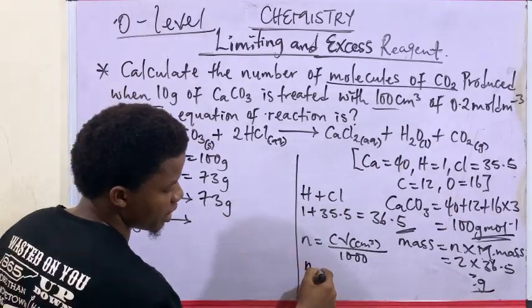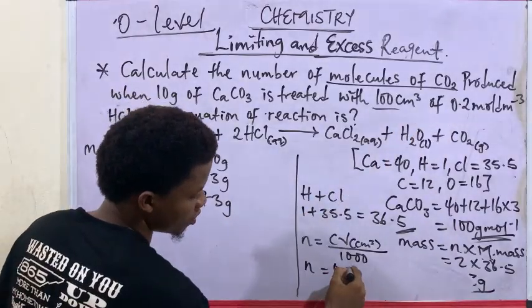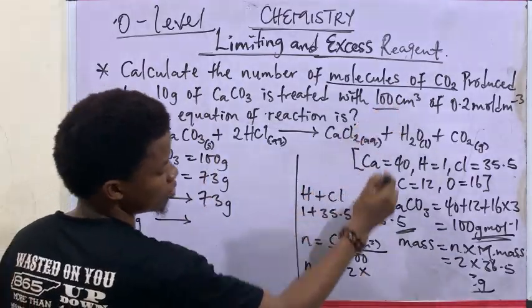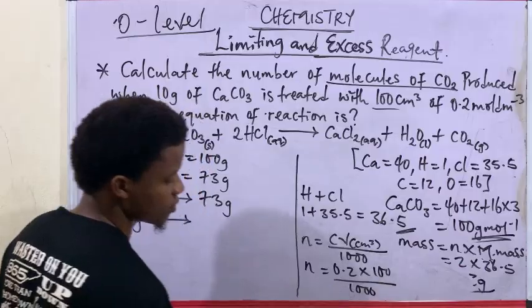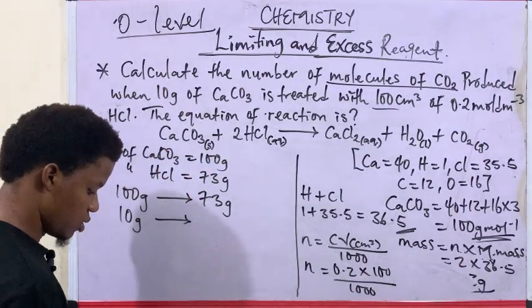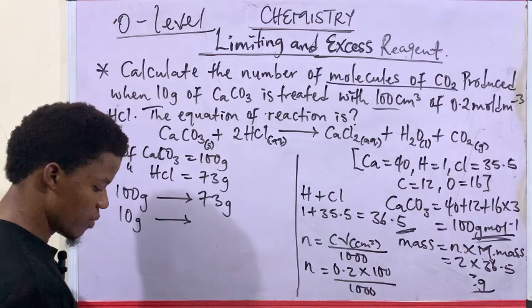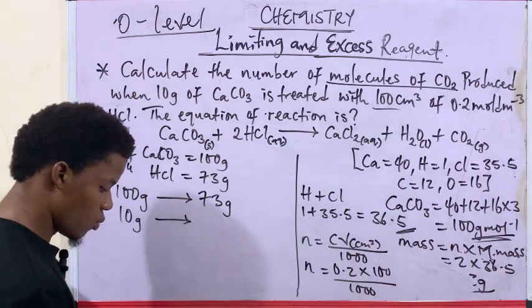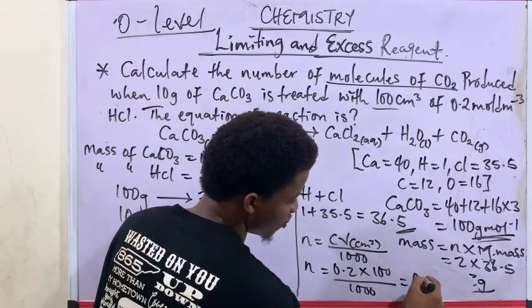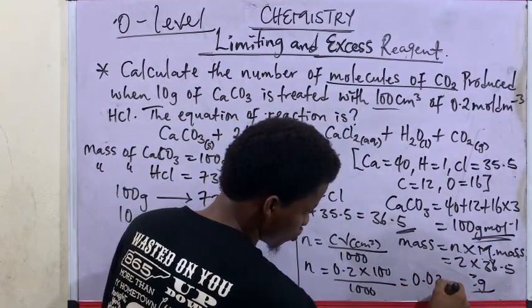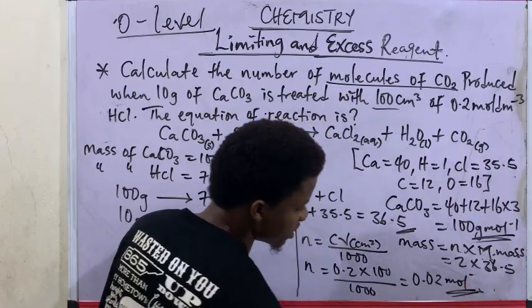The concentration is 0.2 times the volume, 100 divided by 1000. 0.2 times 100 is 20, divided by 1000, we get 0.02 mole.